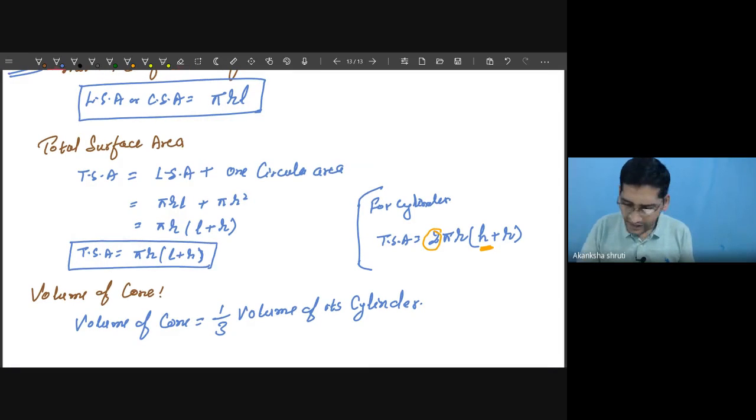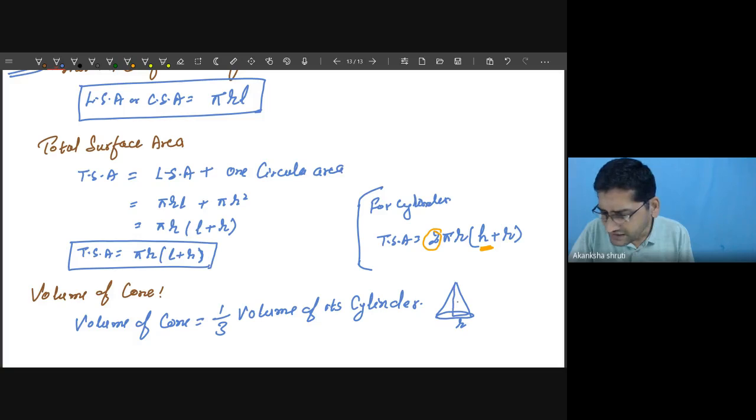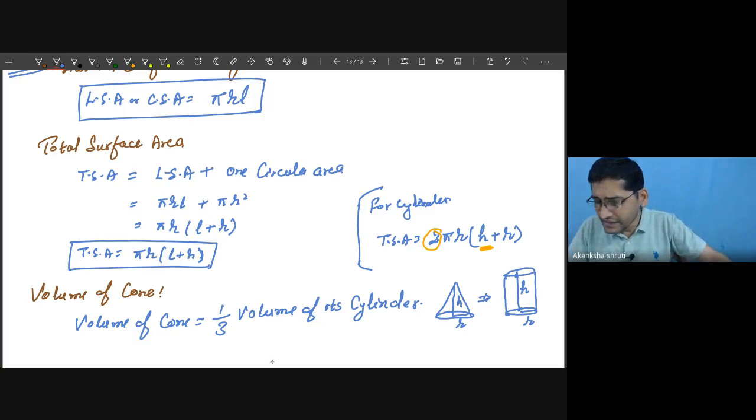Means what? If I have a cone of radius r and height h, and you make a cylinder with the same radius and the same height h, then the volume of this cylinder is obtained how?